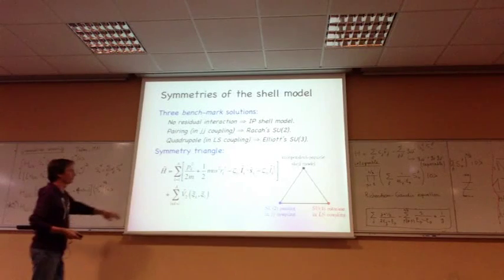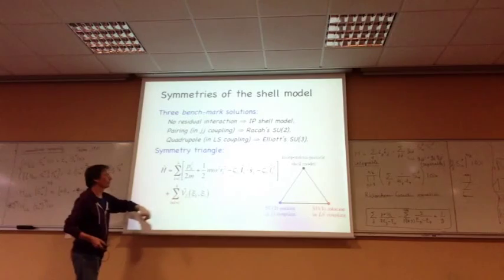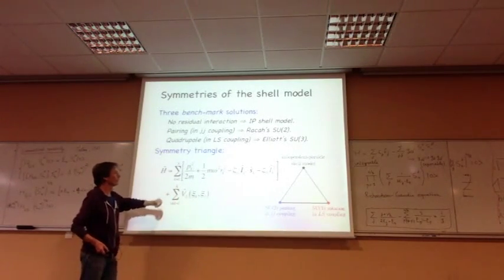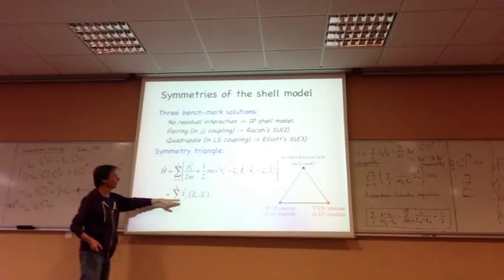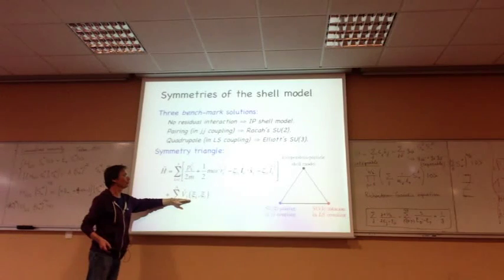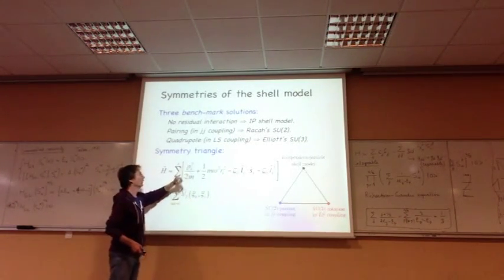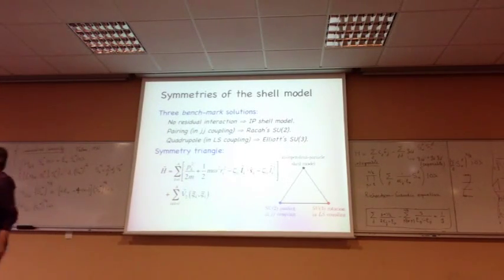We saw this can be solved easily in that limit. Then I discussed a little bit the case where this two-body interaction is the pairing interaction in a single j-shell and multiple j-shells. Now I will come to when this two-body interaction is a quadrupole interaction and how you can find analytic solutions in that case.